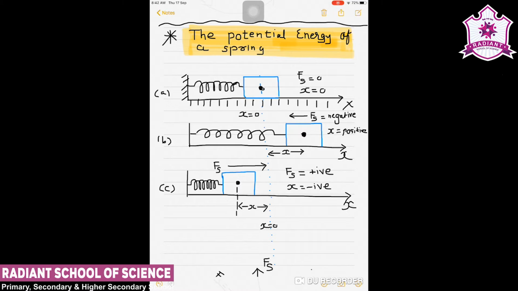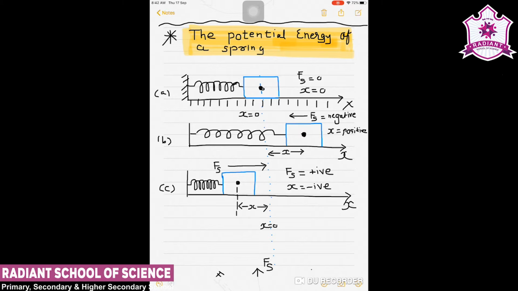So ultimately, when an external force is applied on the block, the spring will also apply some force, which will be a conservative force, directly proportional to the displacement but opposite to the displacement.